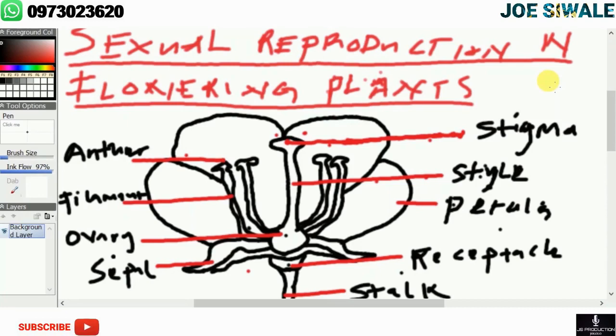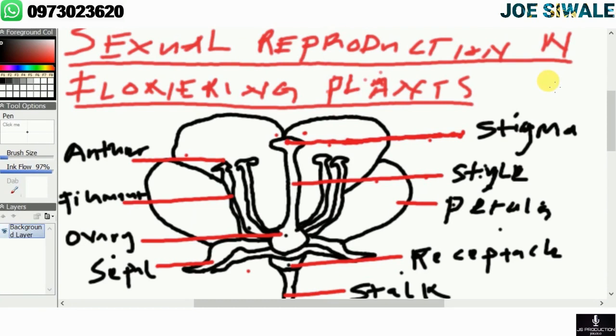We'll look at sexual reproduction in flowering plants. Sexual reproduction in flowering plants occurs through the flowers, so it is important to look at the structure of the flower. This is because this is where reproduction takes place. As you can see from the diagram, I've already drawn this diagram, and it is showing the parts of the flower.